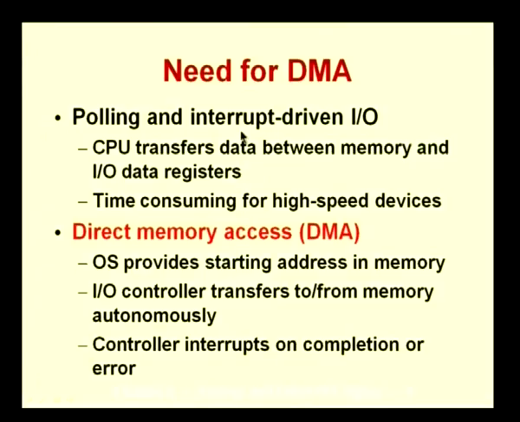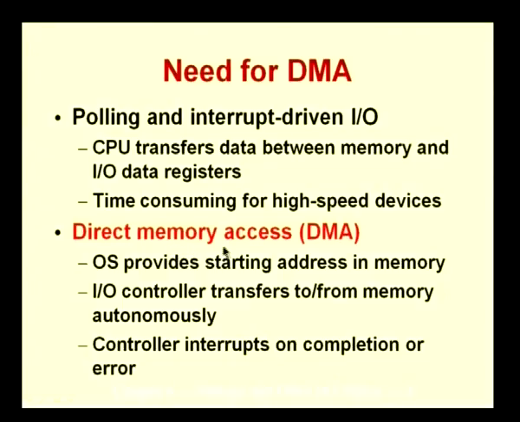When an interrupt is given, the processor is responsible for transferring the data between the memory and the IO data registers. If it is an input, it will be from the input register to memory. If it is an output, it will be from memory to the output data registers. In both cases, a lot of time is wasted, and especially for high speed devices, it can be very time consuming.